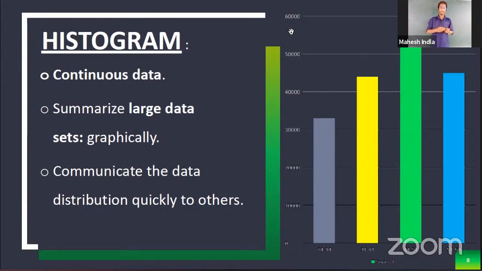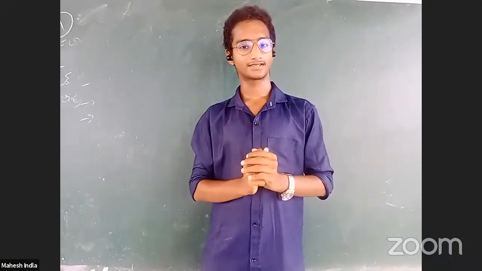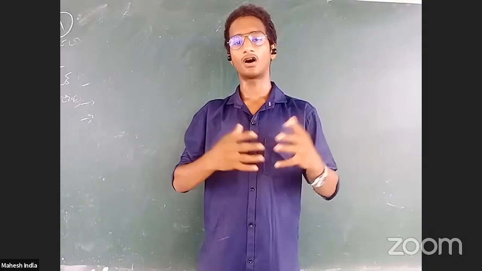That means 34 is included in both of the sections, so it is better to use histograms. These histograms are also used to summarize large data graphically, and to communicate the data distribution quickly to others. Of course, that is the job of all the graphs.